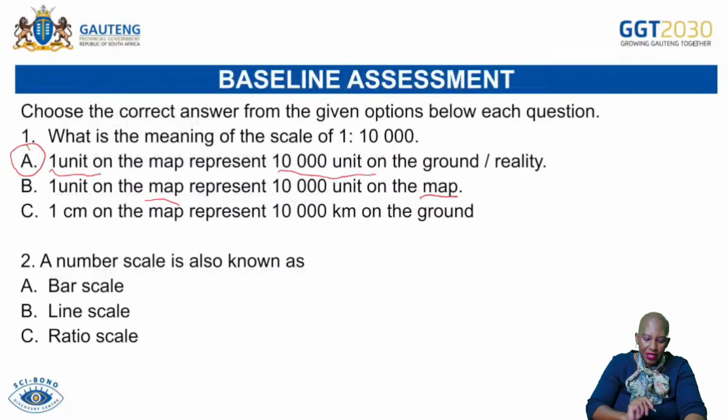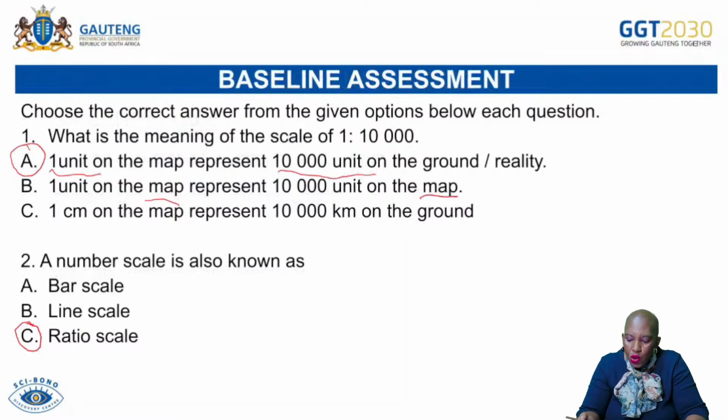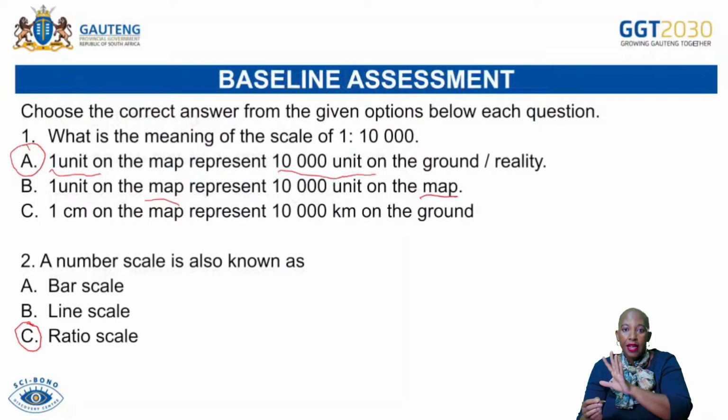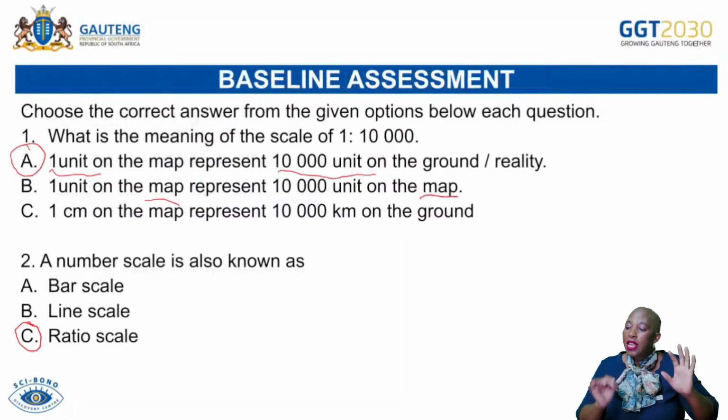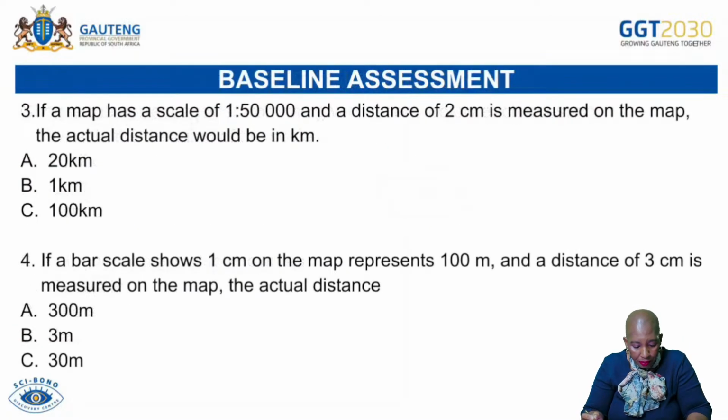I can see Mpo is having the correct answer. She has raised her hand, and the answer is C. The number scale is also known as a ratio scale. Remember, it's a number, it involves numbers. Then we say 1:2, so that means it is in a ratio form.